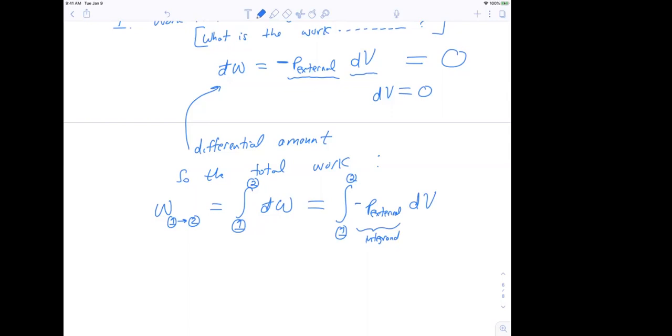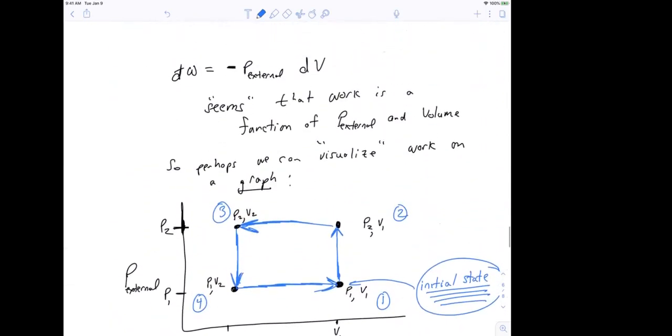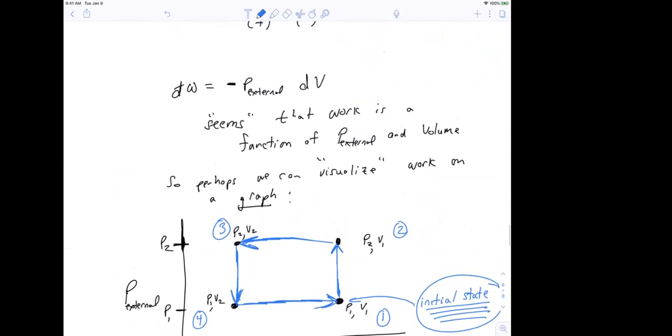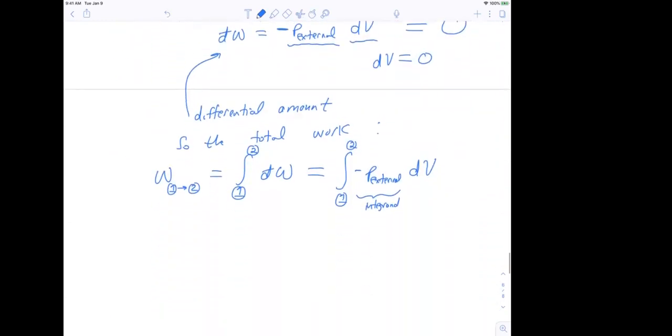And so remember, I just mentioned that work appears to be a function of external pressure and volume. And when we represent the total work in terms of an integral, we see that volume appears as a variable. So work is related to volume in this case. So we can write the work to go from equilibrium state 1 to equilibrium state 2 as this integral of minus P external dV.